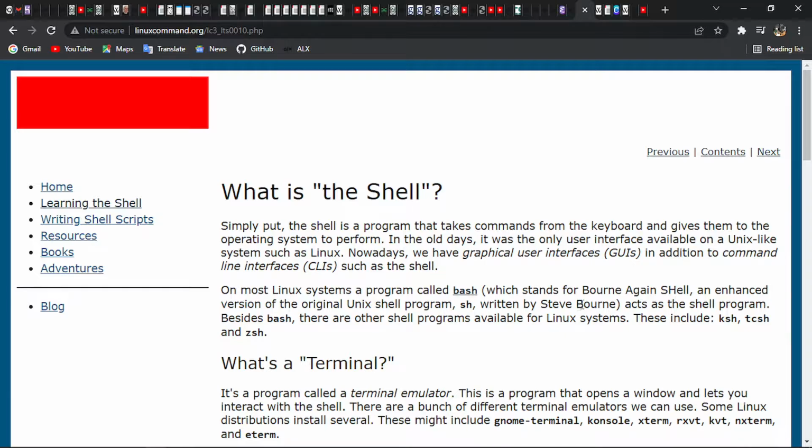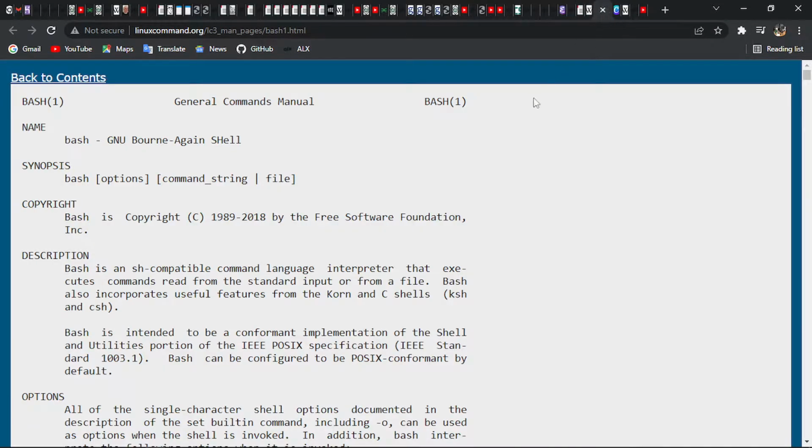As I said, there are too many shells, and this particular one, bash, is popular today because it's the advanced version of the popular Bourne shell, but it also combines, if you go to this article, you can see that because it's called Bourne Again, it combines the Korn shell and the C shell.